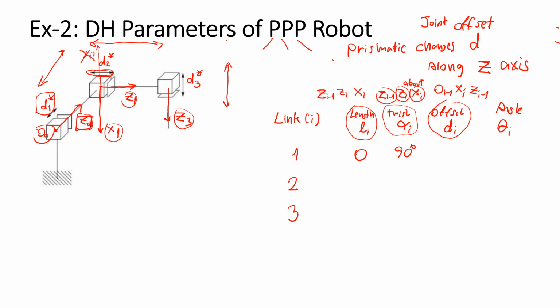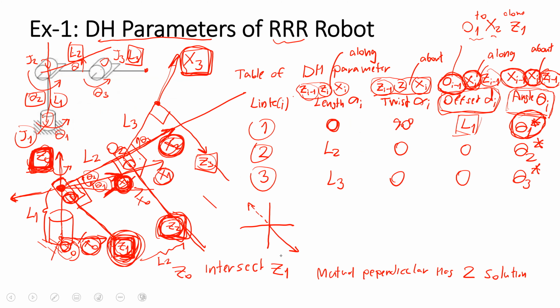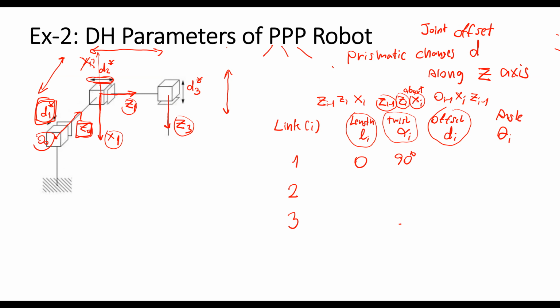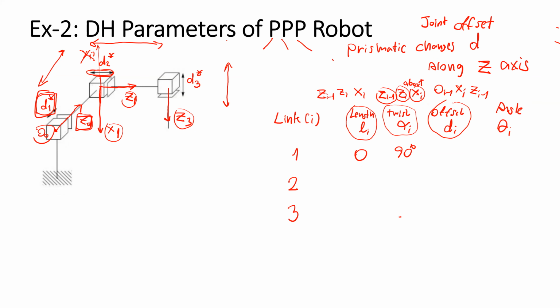So the offset here depends on d1. I hope you can still see the screen. No black screen, right?